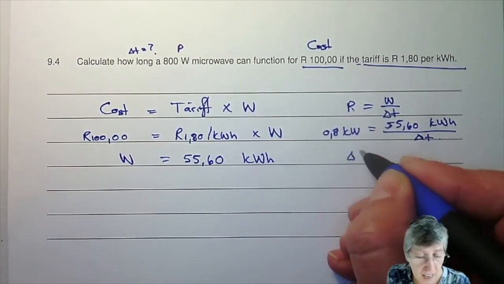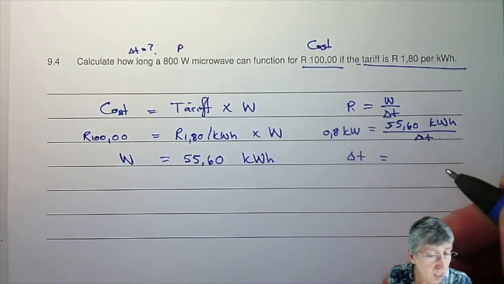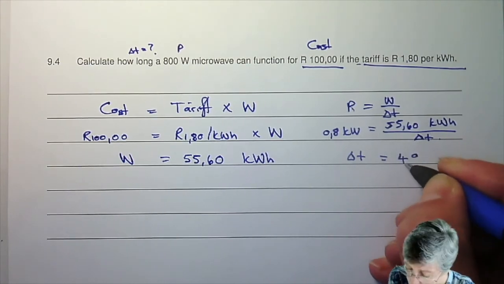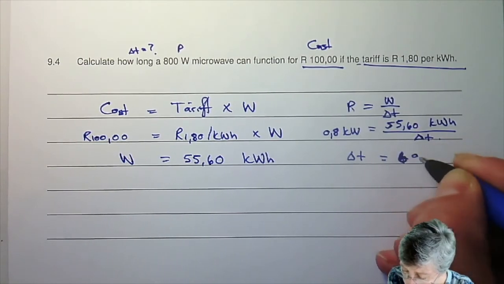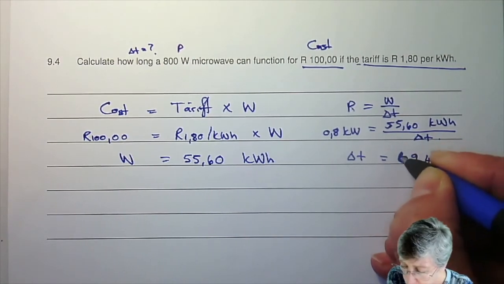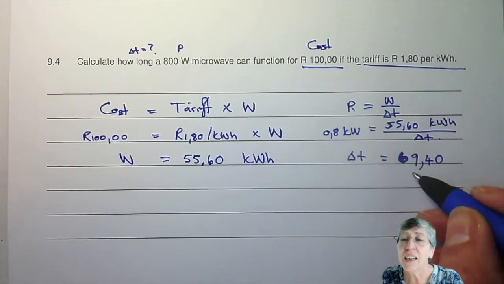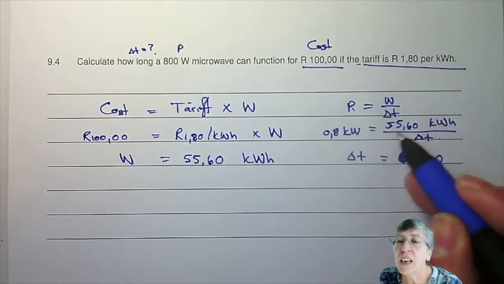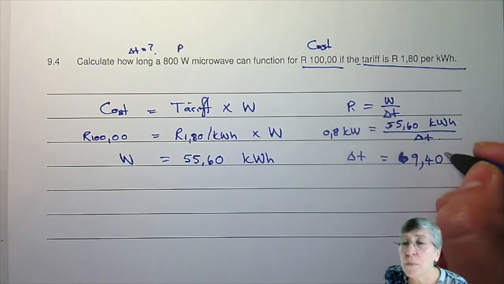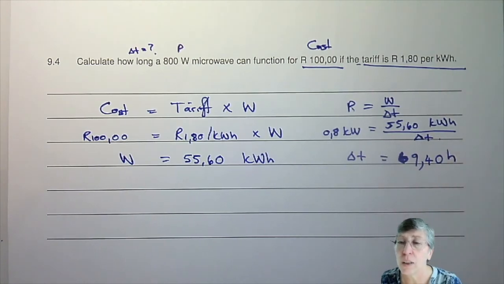And then I end up with the time, 69.40. And if I put that in kilowatts and that in kilowatt hours, then obviously this is going to be hours.